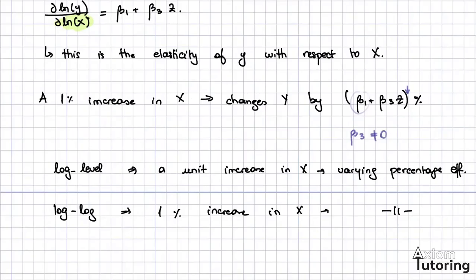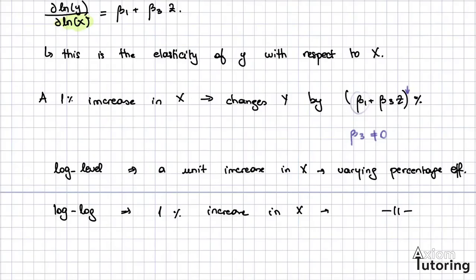The big conceptual takeaway from this video should be that interaction terms in log-log models now allow elasticities to vary across individuals, which is a very powerful tool because it means that the relationship between x and y is not the same for everyone.